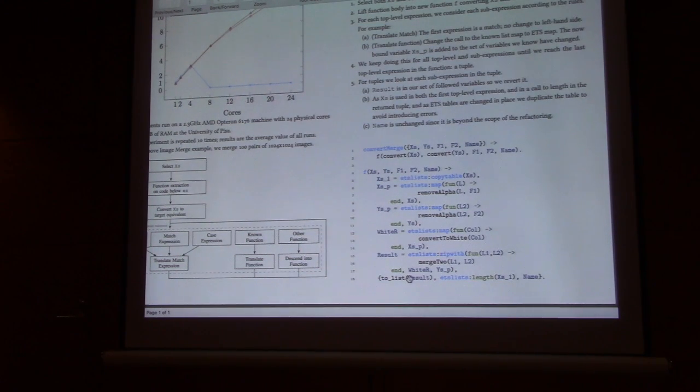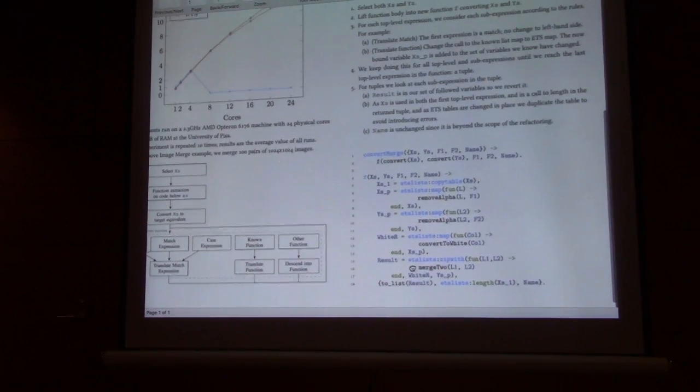So inside here, you are working with ETS tables as if the function was originally defined to work with ETS tables. So is that where the speed up is coming from? Yes.